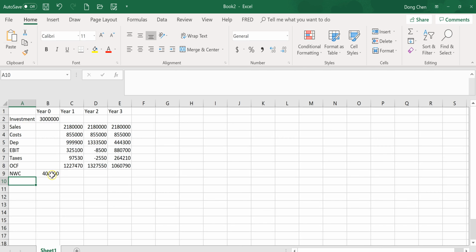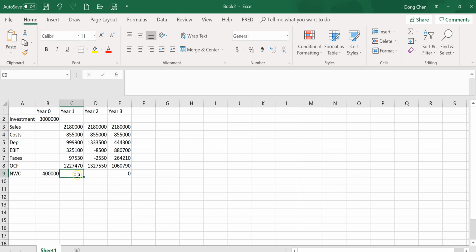So here is $400,000, and when it's returned, the net working capital for the final year will be 0.